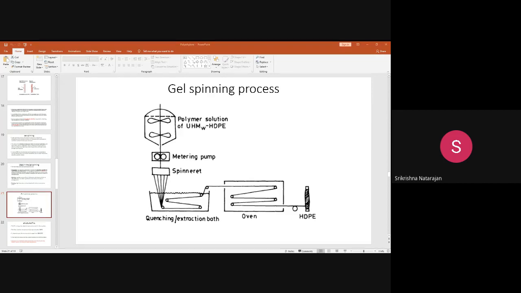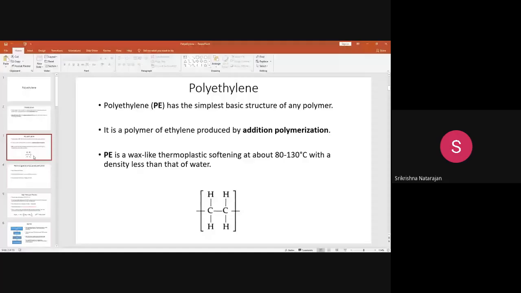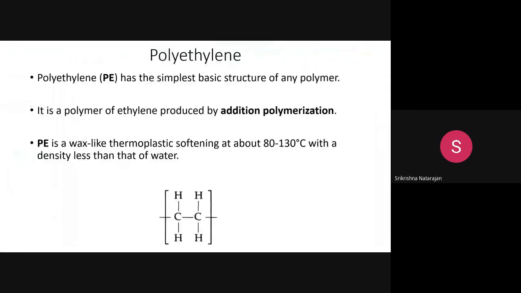See, it is a wax-like thermoplastic that softens. This polyethylene is a hydrocarbon and it has a low density. It is the simplest polymer, where you can see there are only 2 carbon atoms and 4 hydrogen atoms in the monomer.